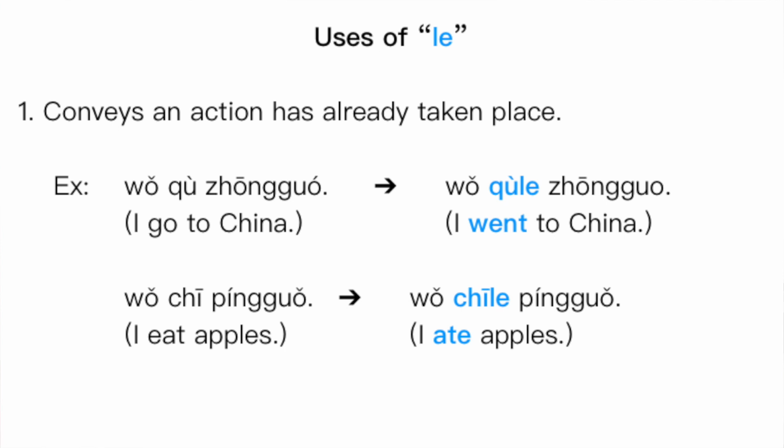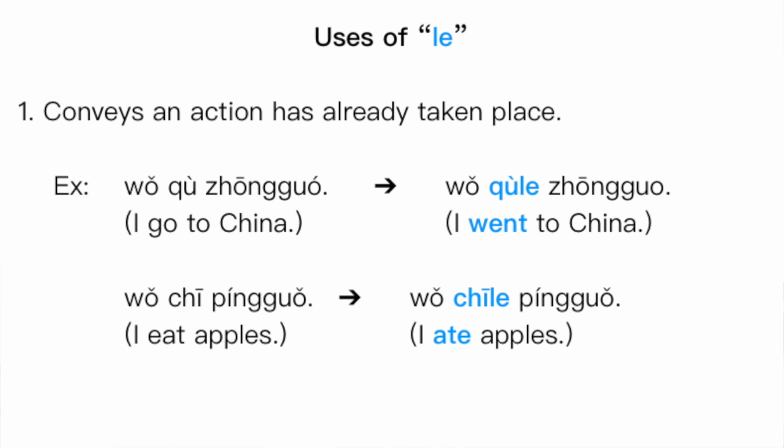Although you might have heard that there's no true tenses in Mandarin like there is in English. What happens is with a le in this particular case, if I were to translate that sentence into English, I would most likely use past tense to convey that meaning in English, right? I went to China as opposed to I go to China.